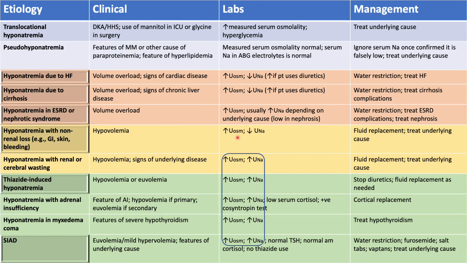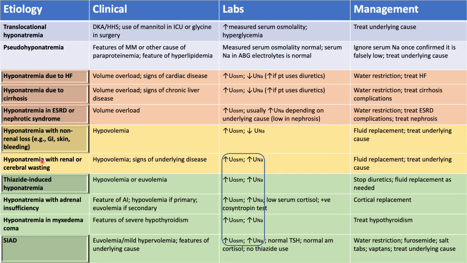We mentioned that in a previous video. The urine osmolality is expected to be high. Urine sodium will be low because the kidney is trying to retain sodium in an attempt to increase the volume. Fluid replacement is the treatment. You do fluid resuscitation and treat the underlying cause of the non-renal loss.